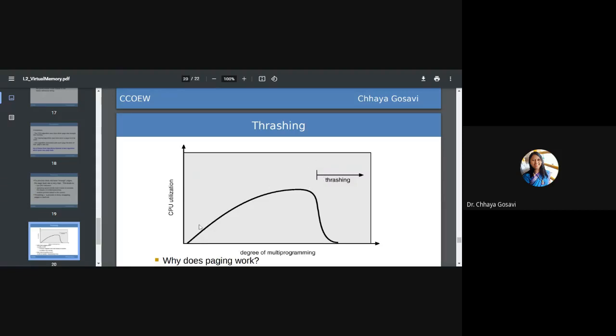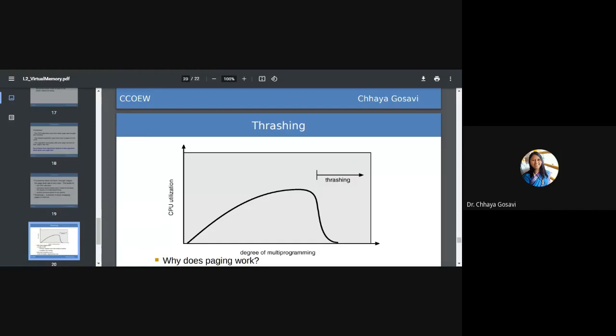Are you getting it? Normally when the operating system adds more processes, it should increase CPU utilization. But due to certain problems like page replacement or page faults or other issues, processes get busy with swap in and swap out, which leads to low CPU utilization.